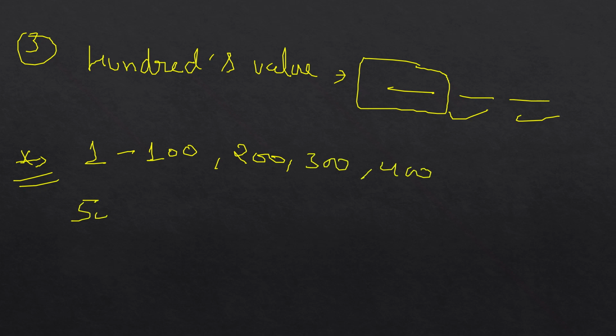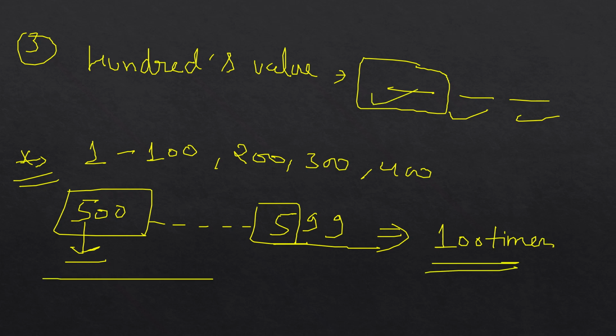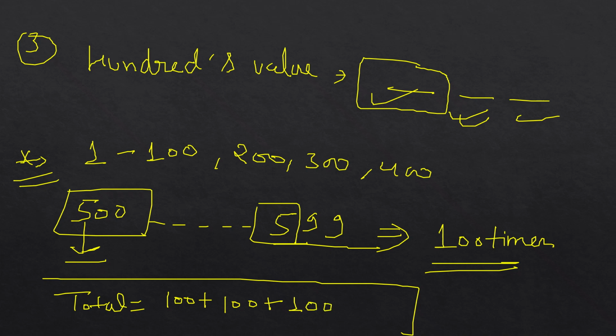But from 500, you can see with the help of observation that 5 appears at the hundreds place. So in a similar way, 500 to 599. With counting, you can easily write there will be a total of 100 times when 5 appears at the hundreds place. So now what will be our answer? Total 5s in the unit case 100, in the tens case 100, and in the hundreds case 100. So 300 is our final answer.